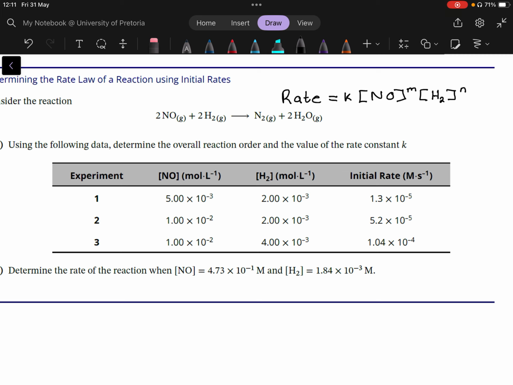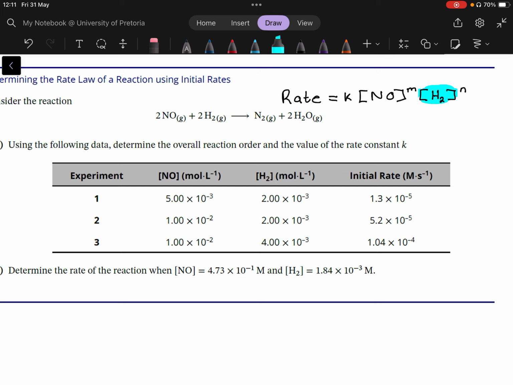And how we do that is we keep one of them constant. Let's say, for example, we keep H2 constant. So we keep the concentration of H2 constant, and we test in two different experiments. We have a concentration of H2 of 1 molar, and a concentration of NO of 1 molar.